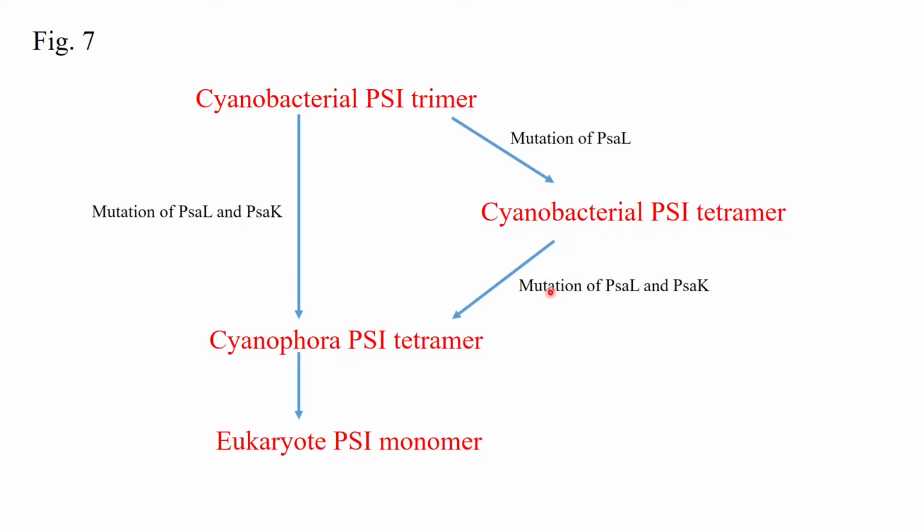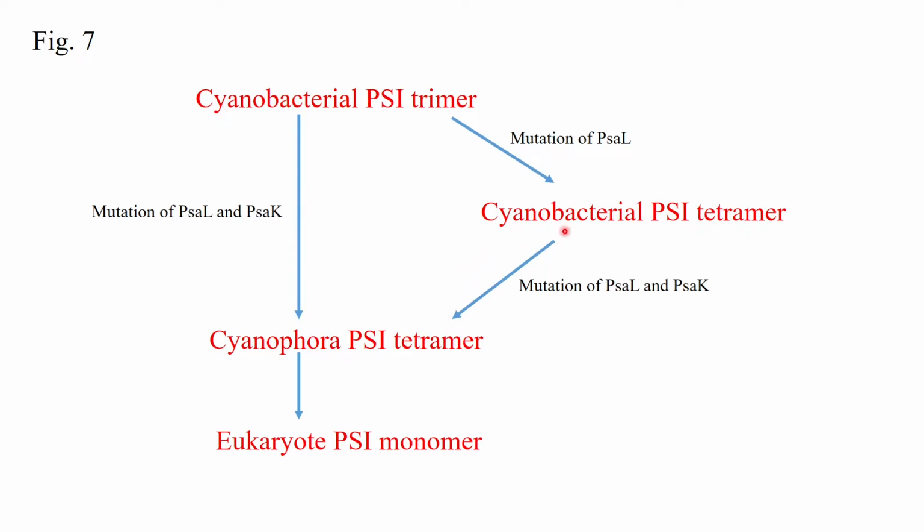This is the last figure of this paper. This is a schematic model of the evolution of PS1 cores. About cyanobacterial PS1 trimers, mutation of PsaL and PsaK may induce the formation of Cyanophora types of PS1 tetramer.